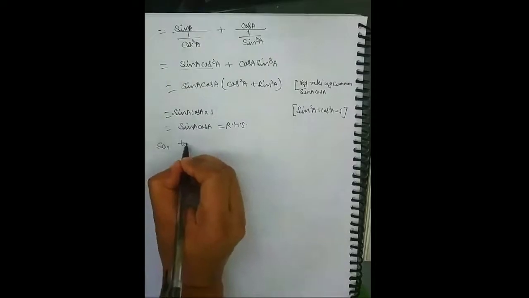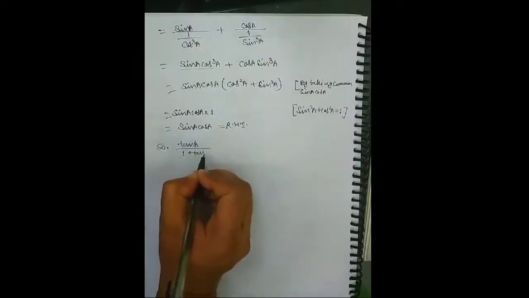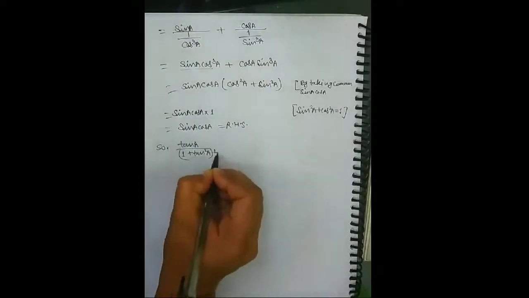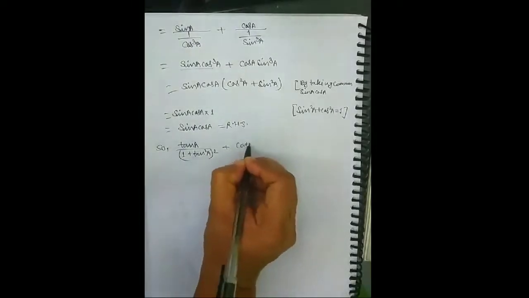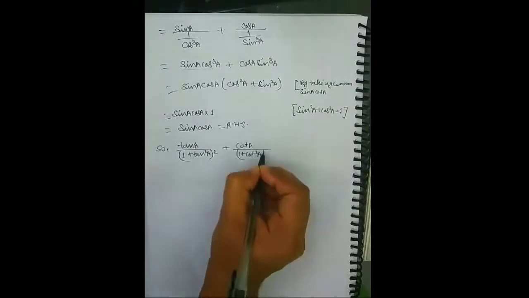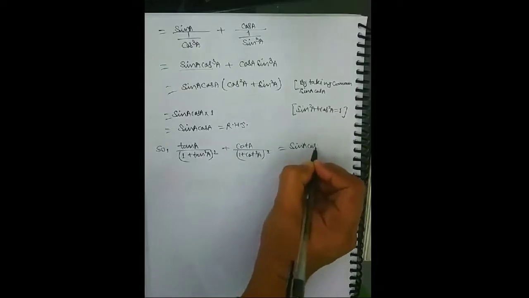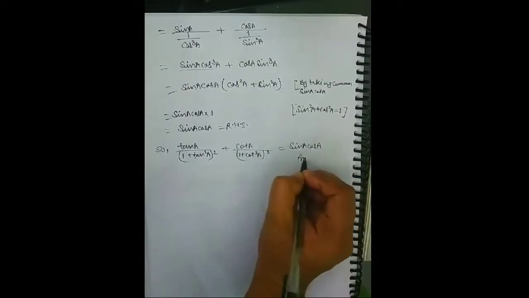So we can say that tan A upon 1 plus tan square A whole square plus cot A upon 1 plus cot square A whole square equal to sin A into cos A. Proved.